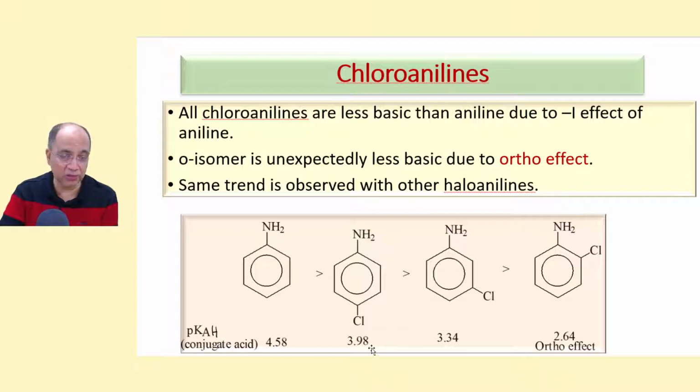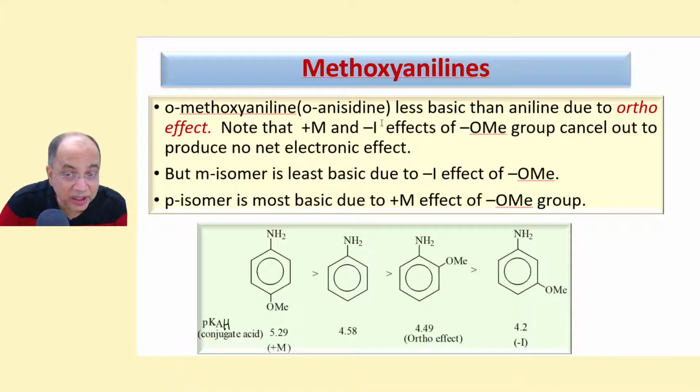Para chloro is maximum, then meta, then ortho, and all of them are weaker bases than aniline because of the minus I effect.